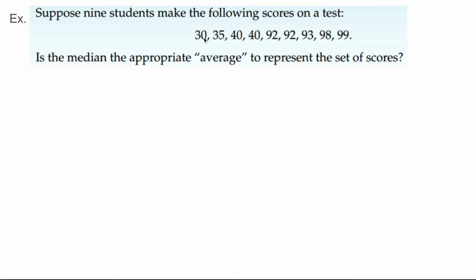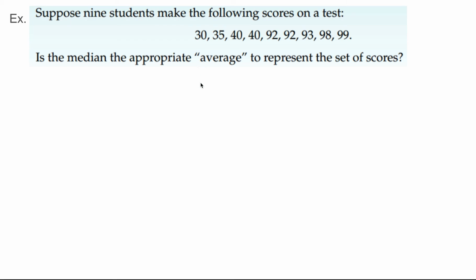This group of scores here is very, very low, but on the other end, their scores are so high. So if we say 92 represents the total, I think there's too much gap between this and these 4 values. So I would say the median is not really good.